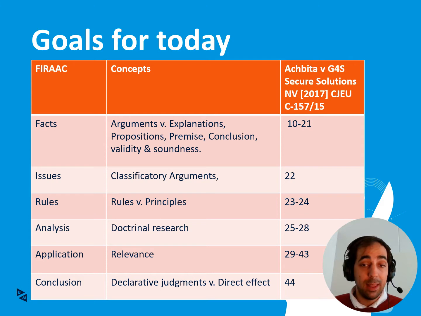G4S did not like that, so they came up with a rule saying nobody is allowed to wear religious or philosophical signs to work. She obviously was quite upset about it. She decided to go to court because she wasn't allowed to wear her headscarf to work, and they threatened to fire her.